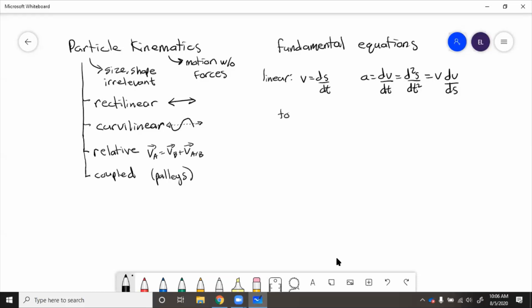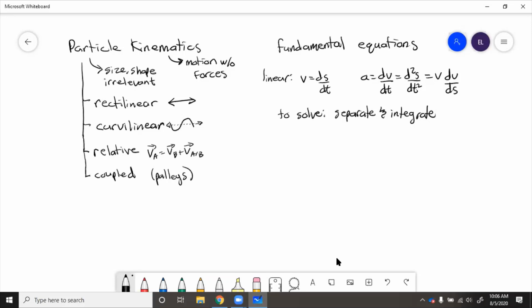To solve, we just separate and integrate. So you move whatever's in the denominator over to the other side and you do the integration.